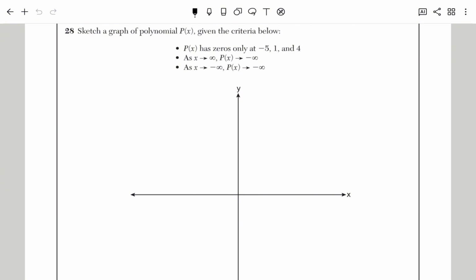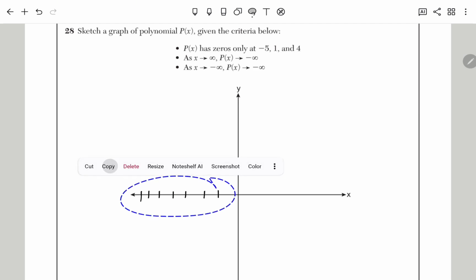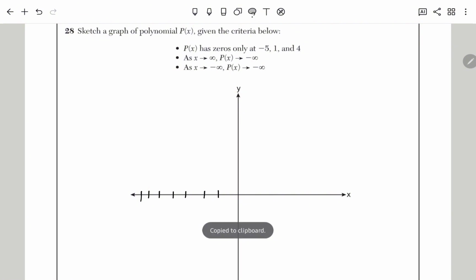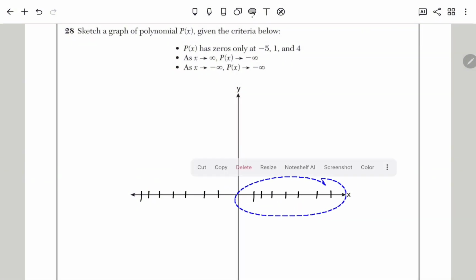So, first things first, I'm going to plot my zeros. So I'm going to do 1, 2, 3, 4, 5, 6, 7, the same on both sides. There we go.